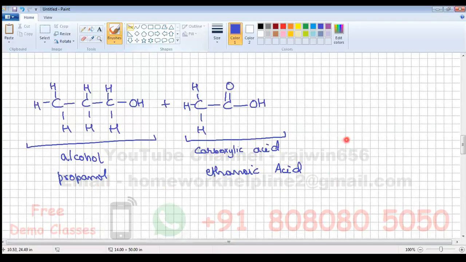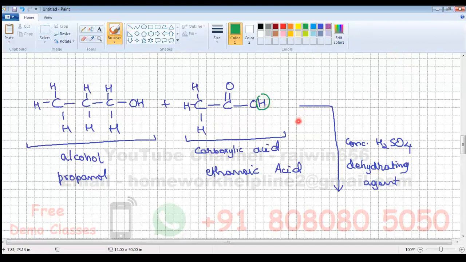How am I going to draw the structure of this ester? I am going to use concentrated H2SO4 over here, which is going to act as a dehydrating agent, which makes the reaction faster. The acid part is always going to release hydrogen, H plus, and the alcohol part is going to give OH.